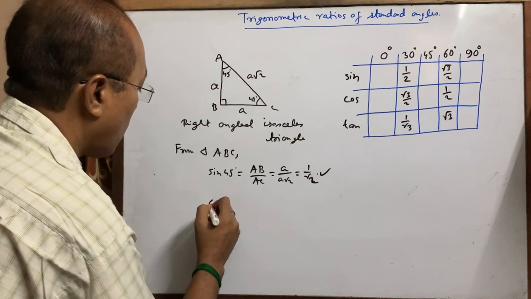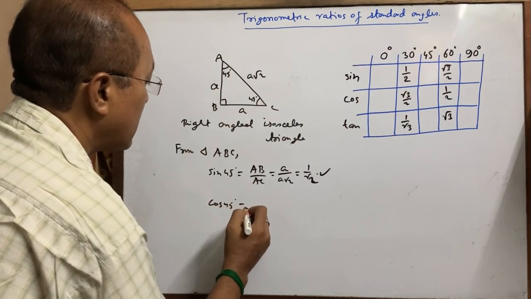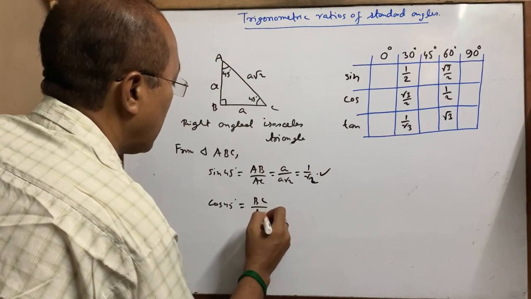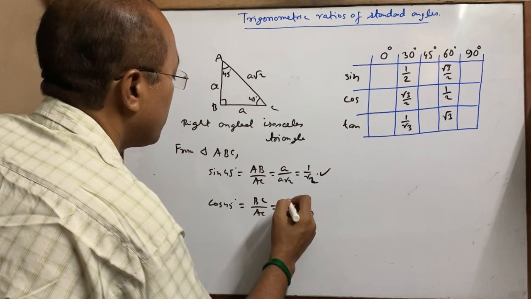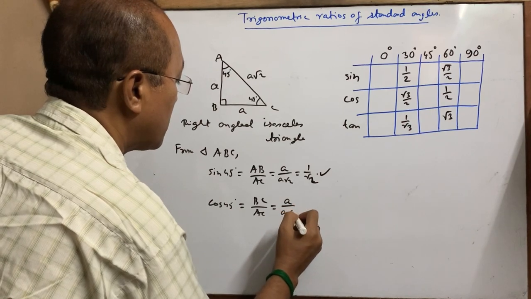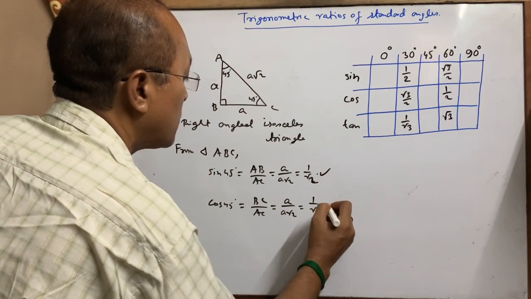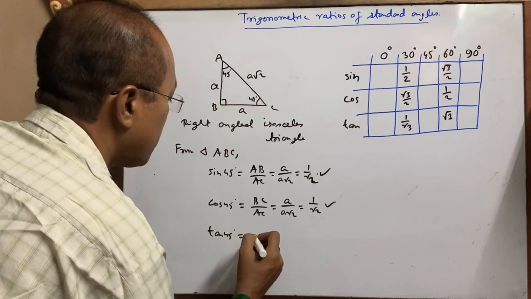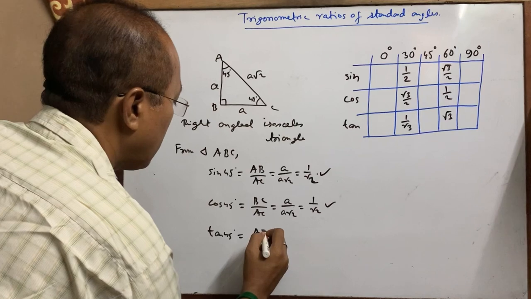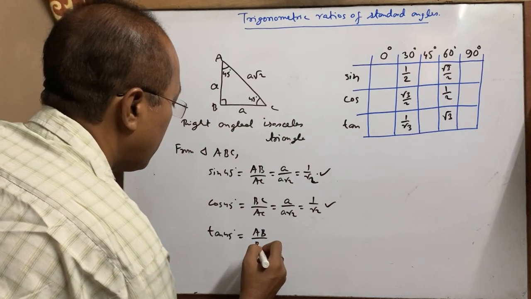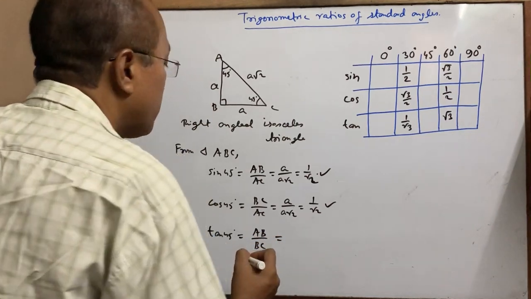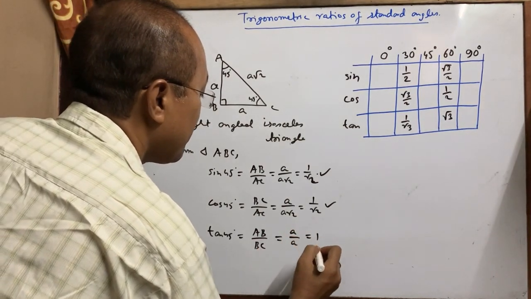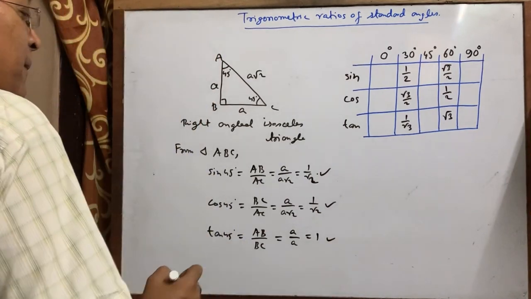Cos 45 is equal to base by hypotenuse, that is a by a root 2, that is 1 by root 2, and tan 45 means AB by BC, that is 1.